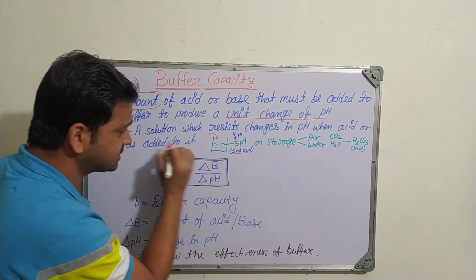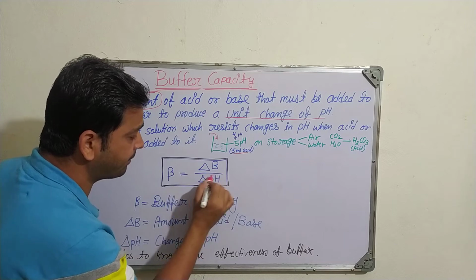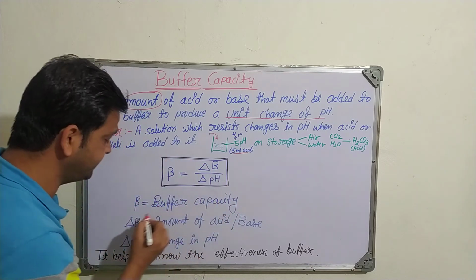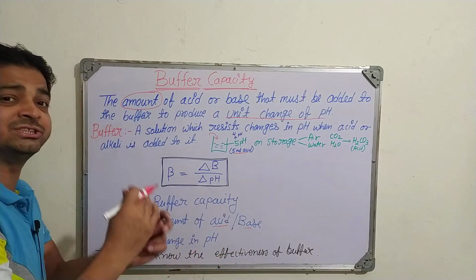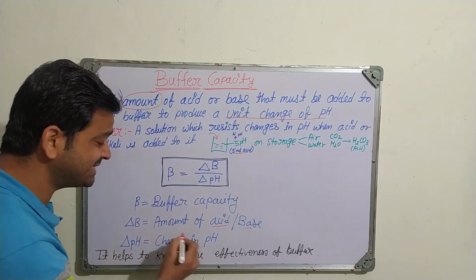When we talk about the equation, beta equals delta B divided by delta pH. Here beta means buffer capacity, delta B means the amount of acid or base required to change the pH of the solution, and delta pH means the change in pH.